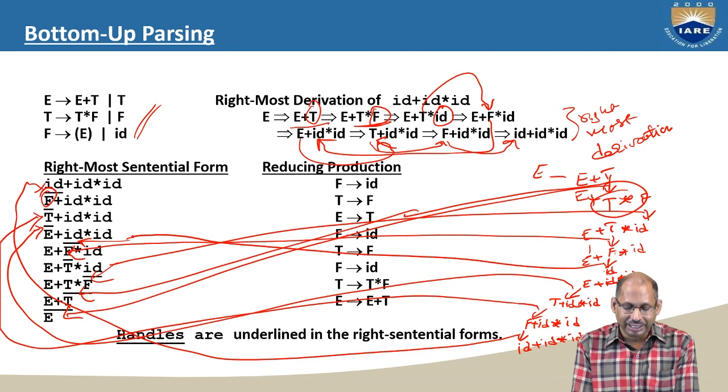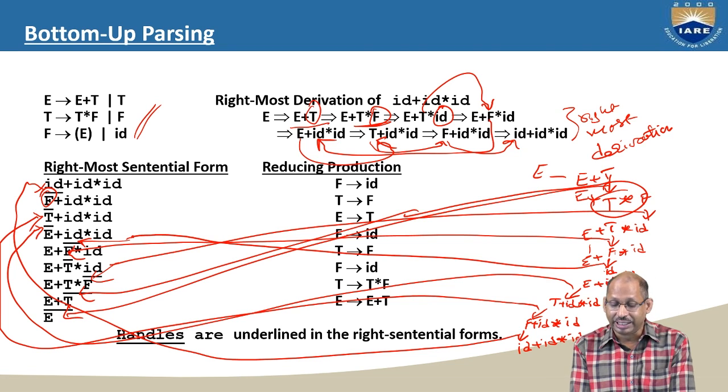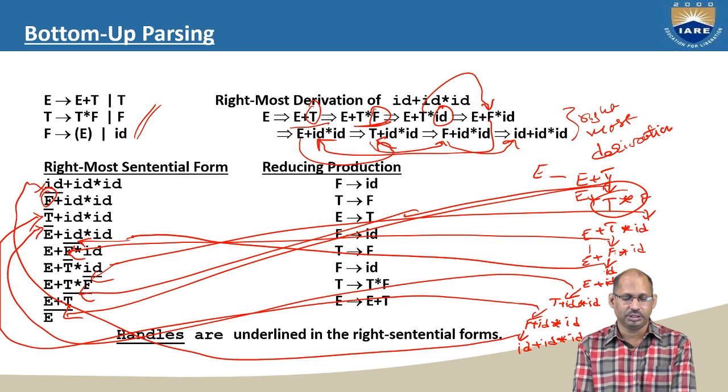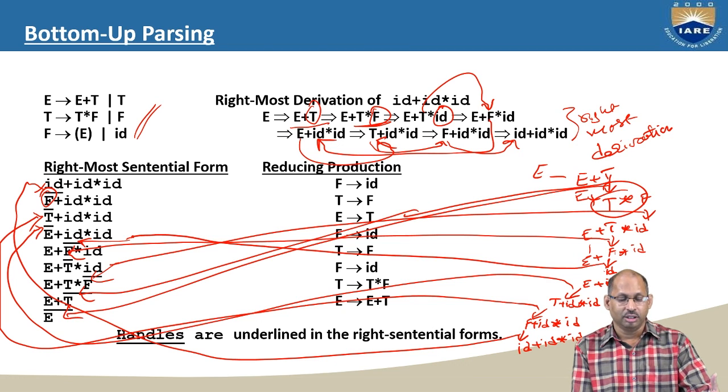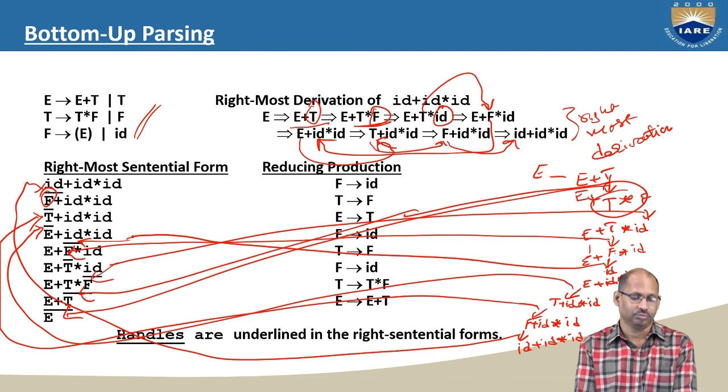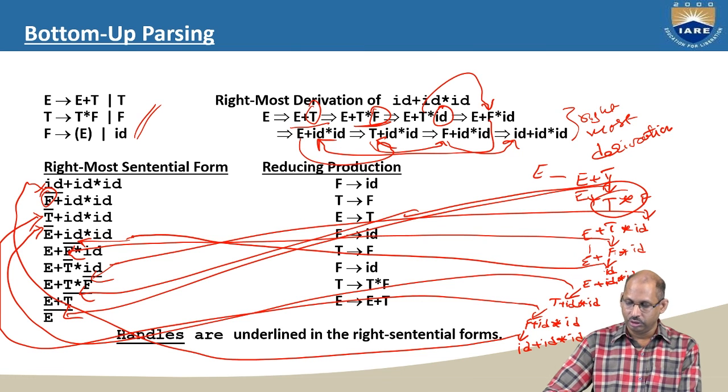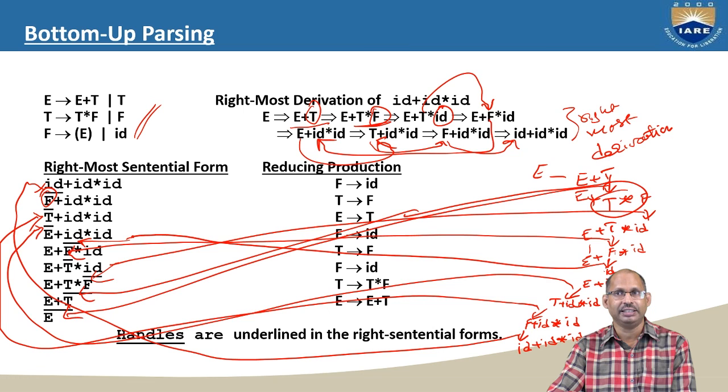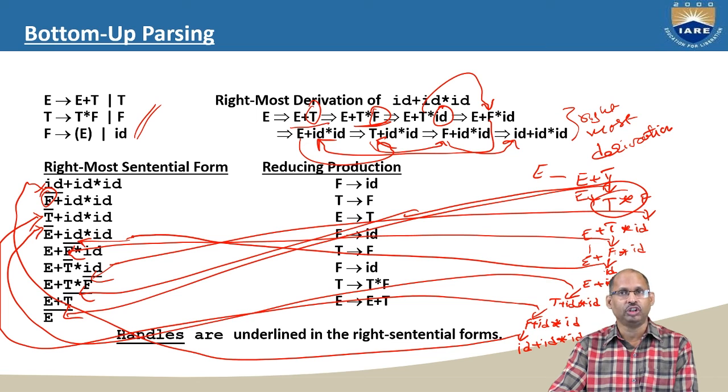So the handles are underlined in the right sentential forms. In this bottom-up parsing method, these handles are represented with underlines. Using the handles in handle pruning takes us from the sequence of terminals to the root.